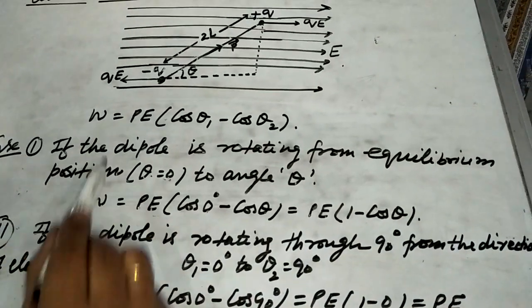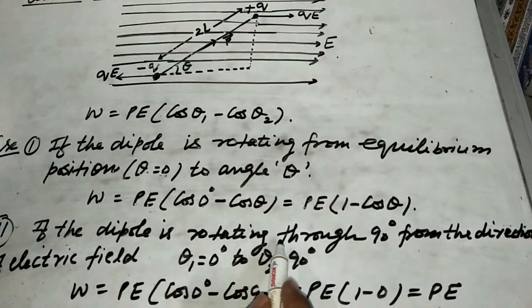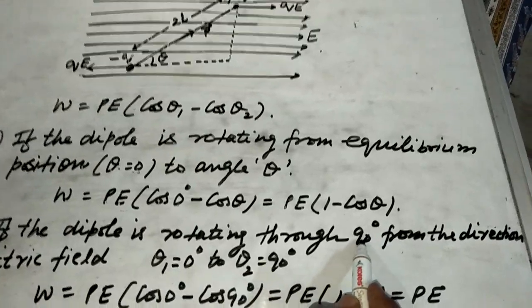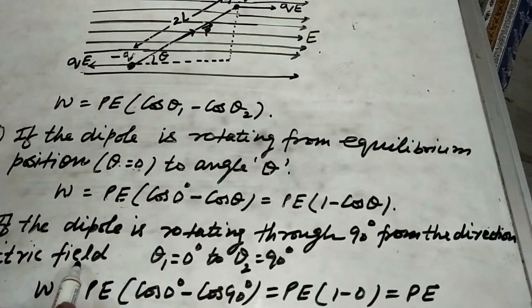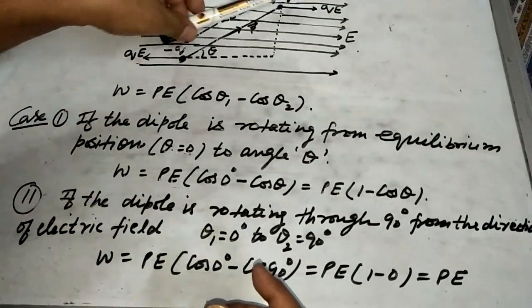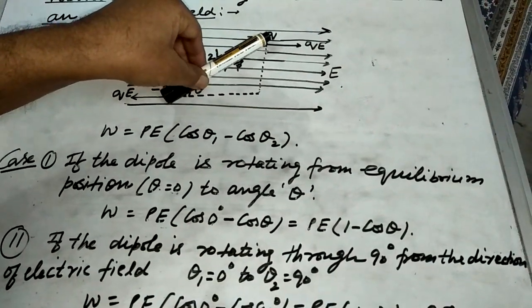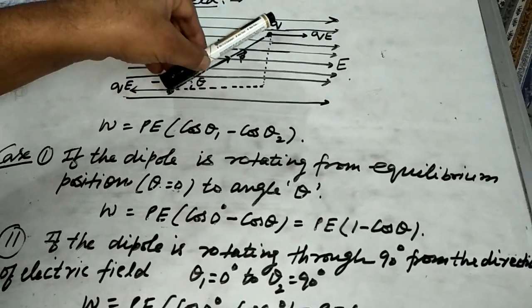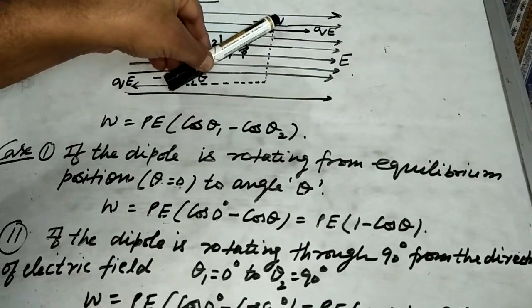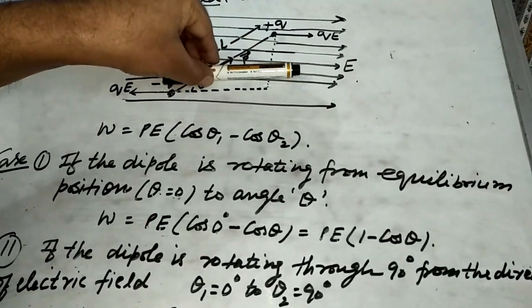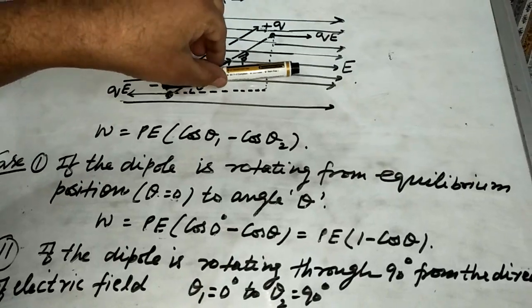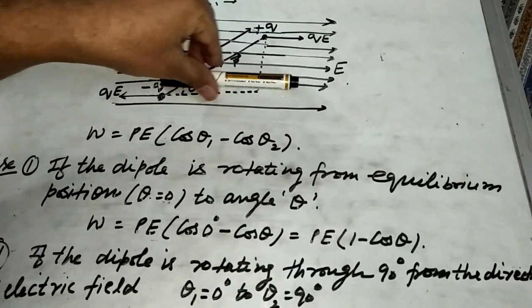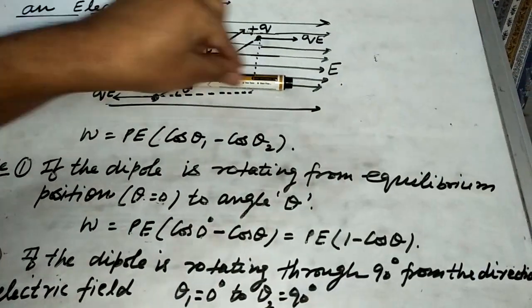Similarly, if the dipole is rotated through 90 degrees from the direction of the electric field, or from the equilibrium position of the dipole, both are the same, because when the dipole comes in the direction of the electric field, it is called the equilibrium position. So this is the direction of the electric field when theta is equal to 0.